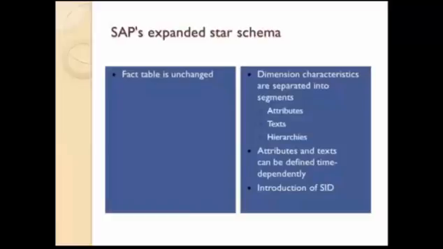In the SAP BW, which uses what they call the expanded star schema, it is kind of like star schema, but it has some important differences. One is that dimension characteristics are now separated into different segments or different tables.